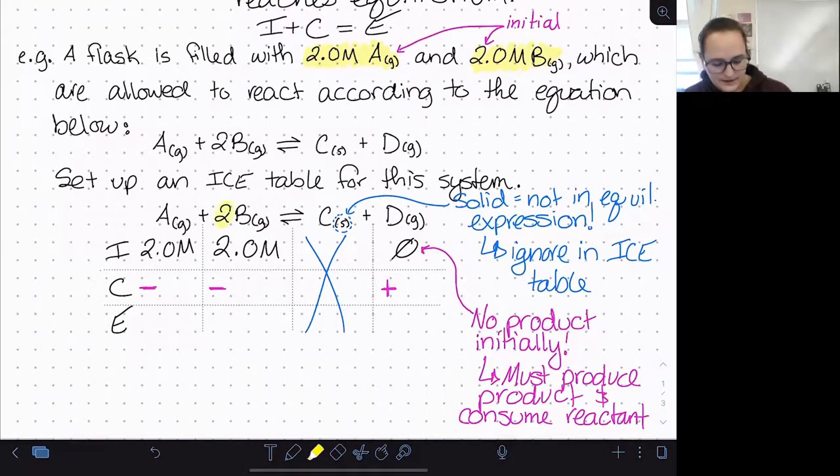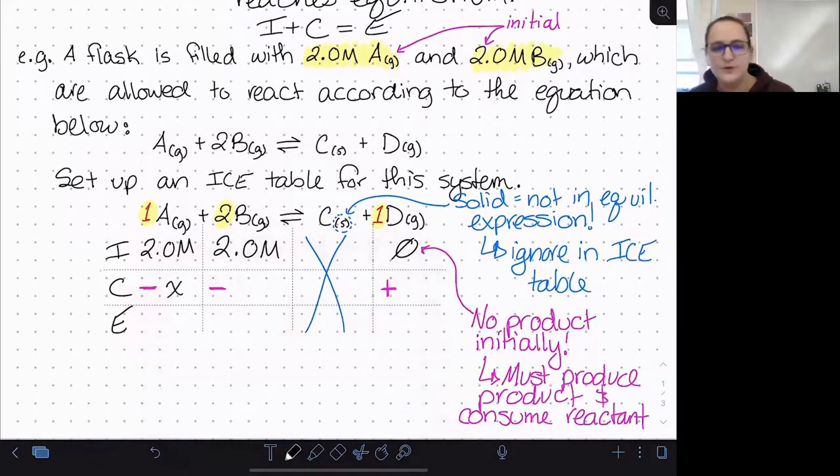So for instance, we have invisible coefficients of 1 in front of A and D. So for every 1 mole of A that reacts, 2 moles of B react according to the coefficients. That's what the coefficients in a balanced reaction are telling us. So that means that for every 1 molecule of A that is consumed, 2 molecules of B get consumed. So the concentration of B is going to change twice as fast.